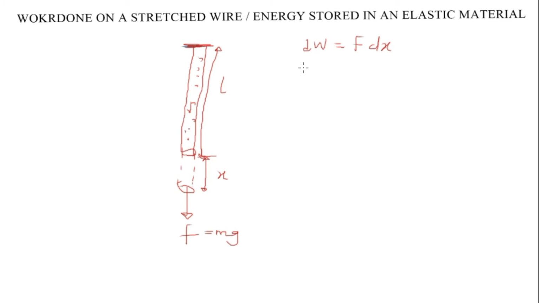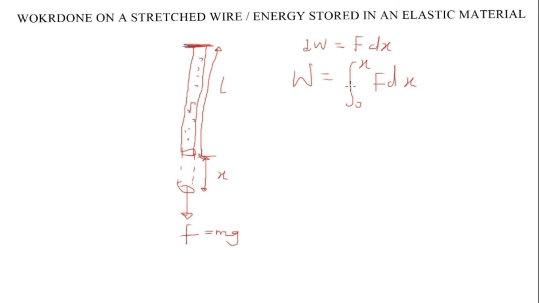As a result, the total work done, W, that is needed in order to elongate the wire is done by integrating from 0 to x. That is, we are integrating through this length. So we can have something of this nature, ∫F dx.